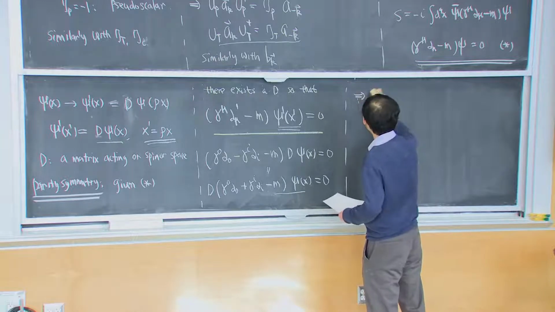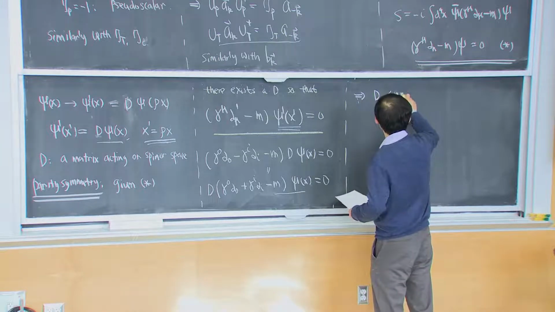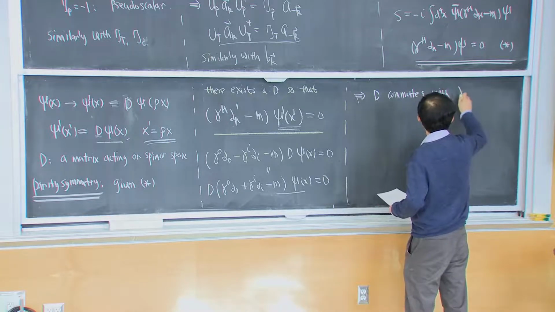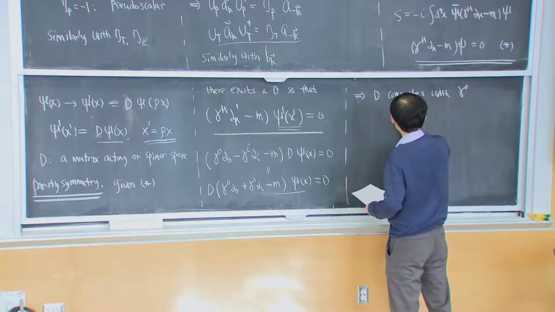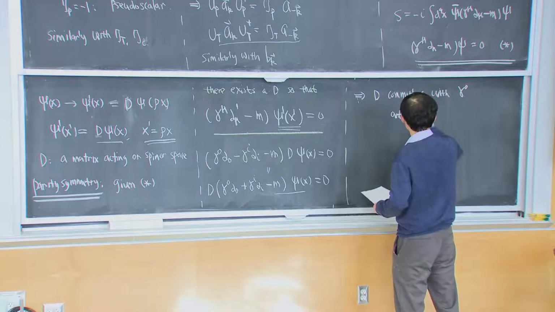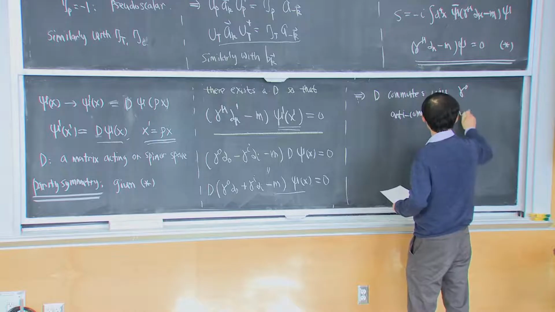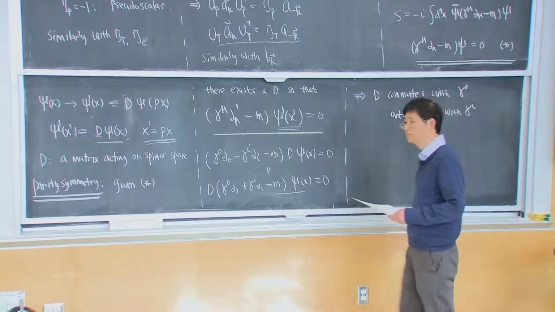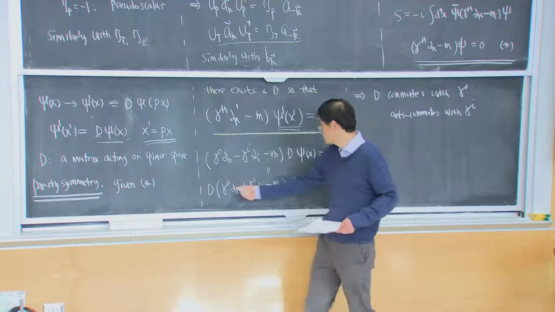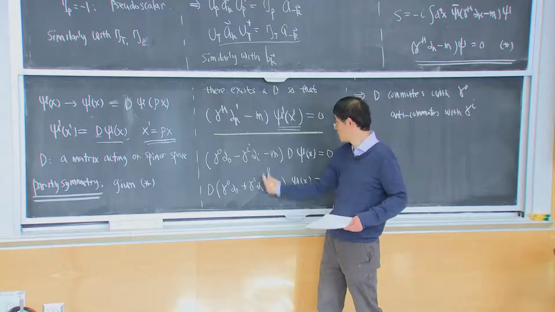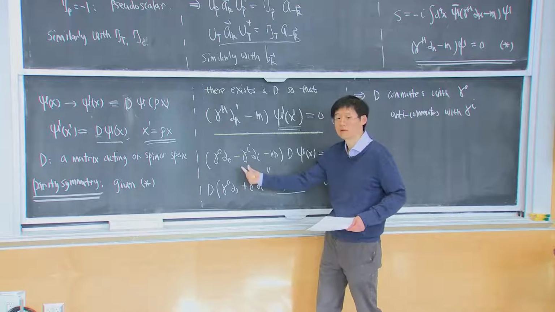In order for these two equations to be the same, D should commute with gamma 0 but anti-commute with gamma I, because when you pass it through gamma I to bring it to the other side, you should change the sign.